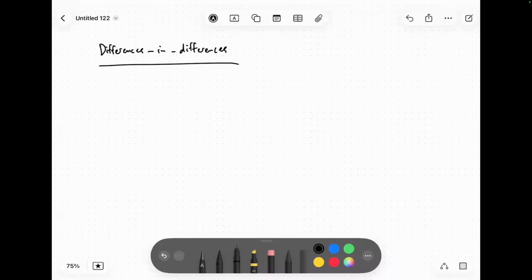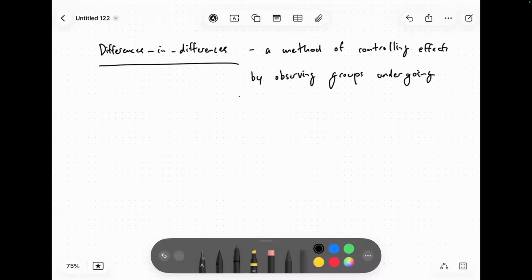This is a method of controlling for effects by observing groups undergoing treatment versus groups that never undergo treatment.